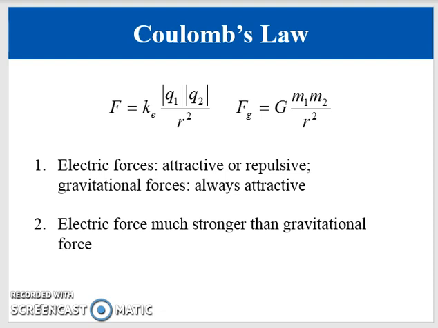So both laws have the form where we have a constant multiplied by the product of a property that's inherent in the system, in one case charge and in another case mass, and then divided by the square of the distance between them. So they both follow the r squared law, the inverse square law, if you will. And so there's a remarkable symmetry here that actually took physicists quite by surprise.